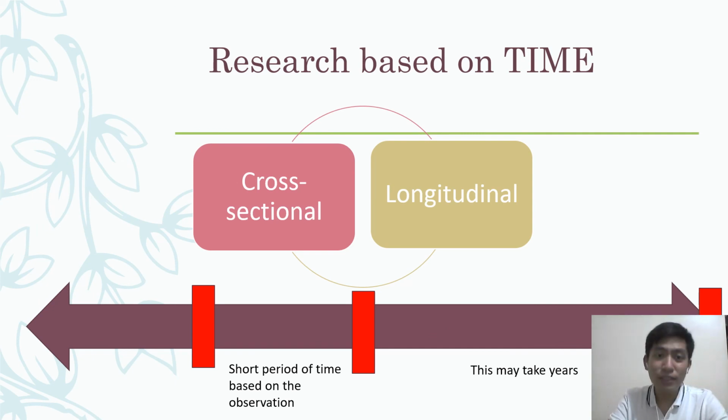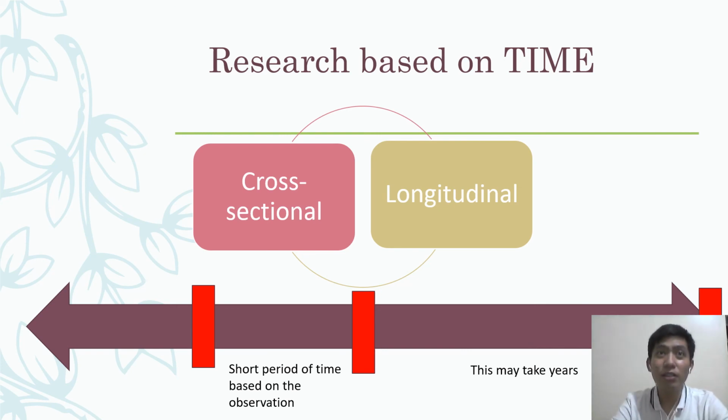Research based on time. There are only two: cross-sectional and longitudinal. In cross-sectional, there's only a short period of observation, and most of our research in nursing, especially nursing research for nursing students, is cross-sectional.